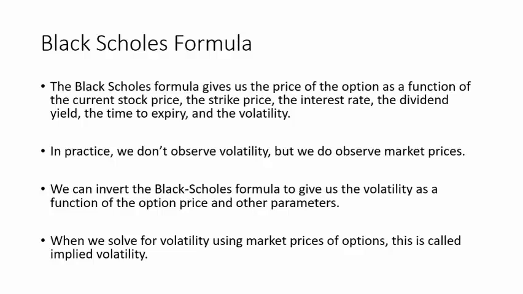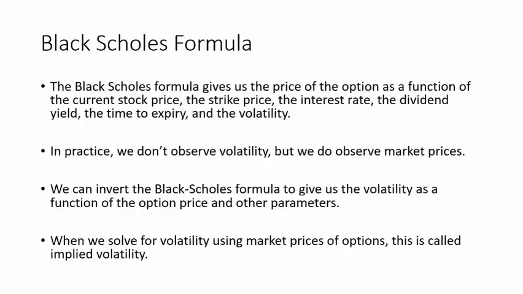Now in practice, we don't actually observe volatility. What do I mean by this? Well, when we've been looking at the Black-Scholes formula and the Greeks over the last 2 lectures, we were using a value for the volatility, but this is not something that we actually observe anywhere. It's not like the stock price which we observe, or the strike price which we know what it is.